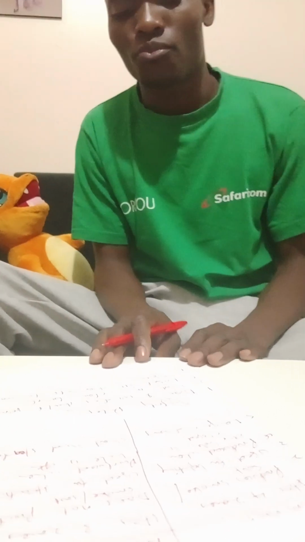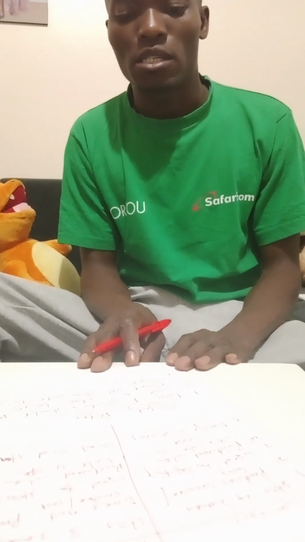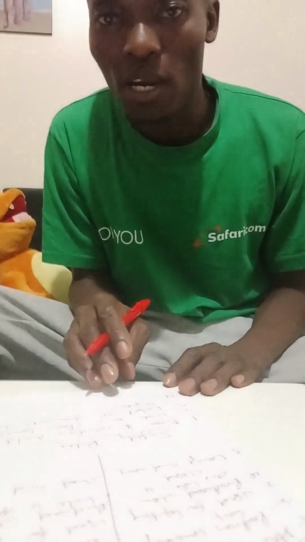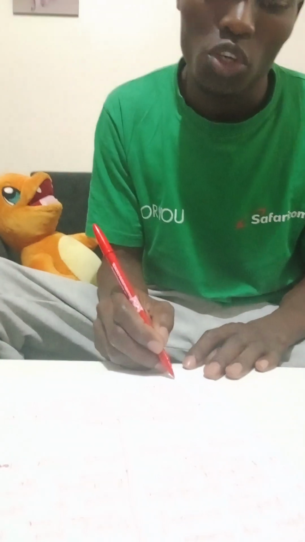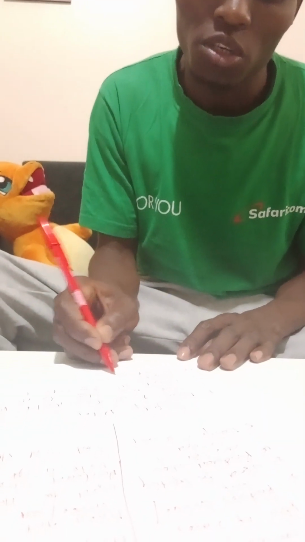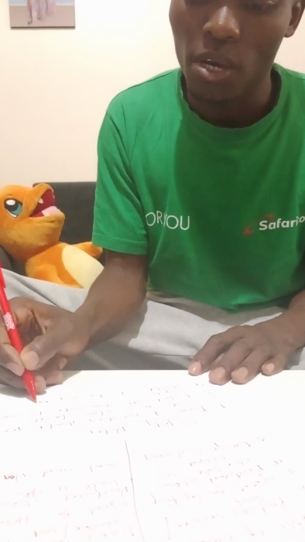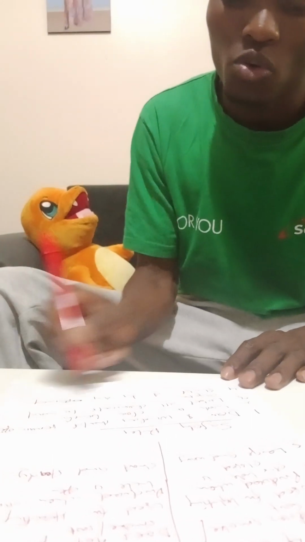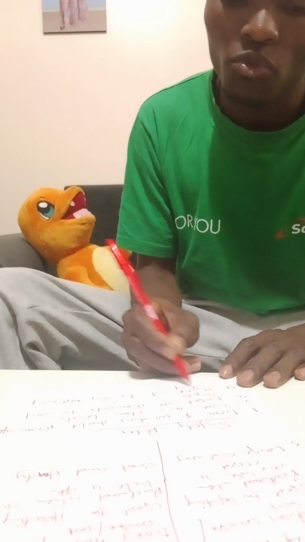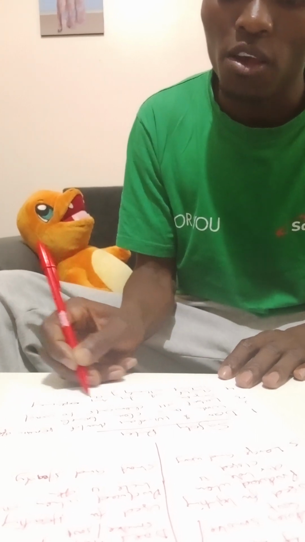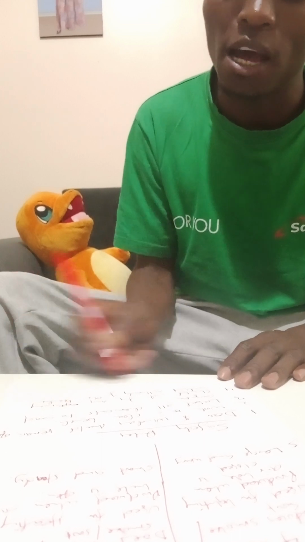Number 4 is that you should not try any experiment without authority of the teacher to avoid accident.